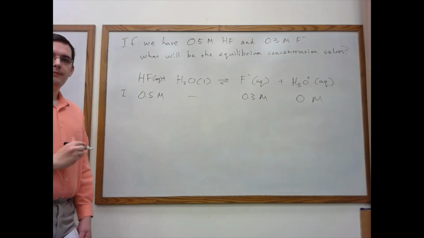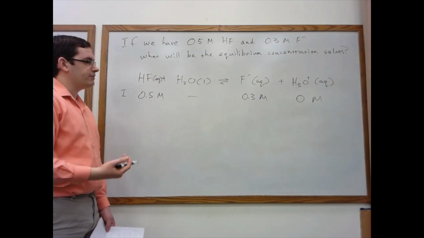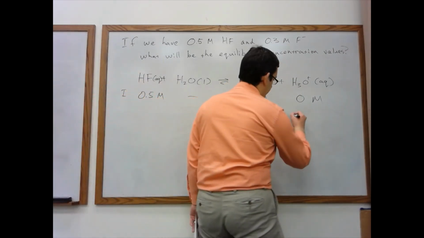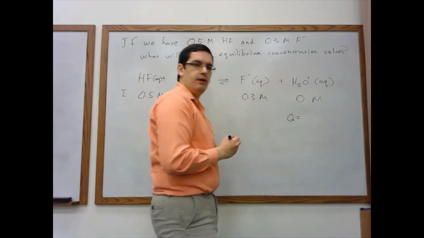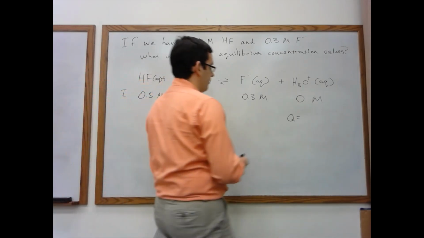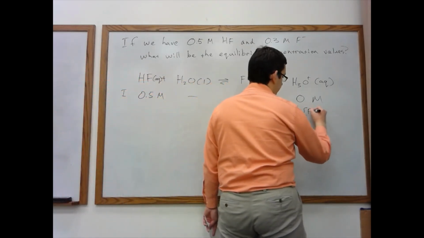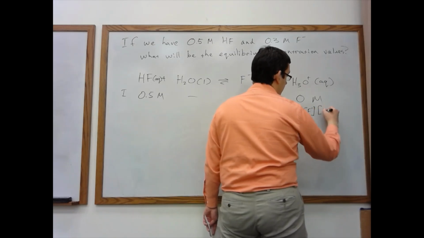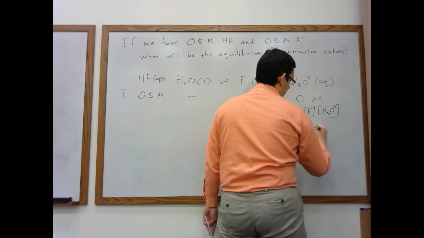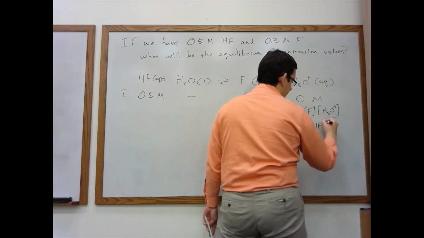So we don't have any of our hydronium ion initially. The first step that we have to do is calculate our reaction quotient to determine which direction our reaction is going to proceed in. So our reaction quotient is equal to the ratio of our products over our reactants, each raised to their stoichiometric coefficients. So we have fluoride ion H3O plus over our HF.